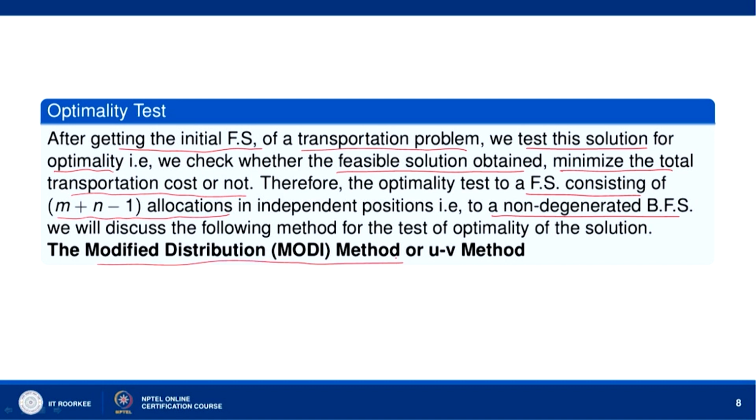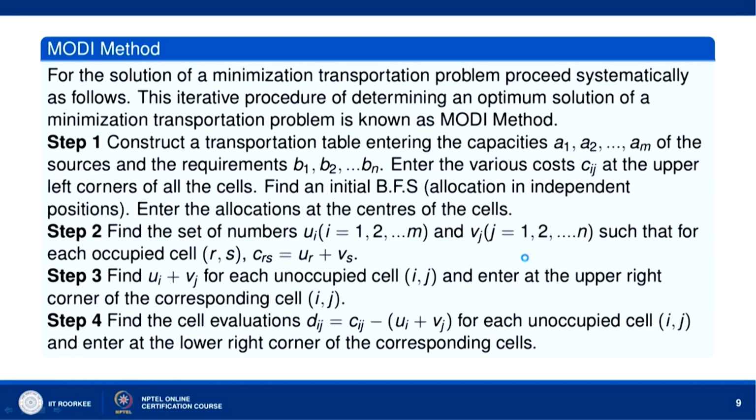So, we will discuss the MODI method, or we also call it the UV method, to test the optimality of the solution which we have got from the Vogel approximation method. For the solution of a minimization transportation problem, let us proceed systematically as follows. The iterative procedure of determining an optimum solution of a minimization transportation problem is known as the MODI method.